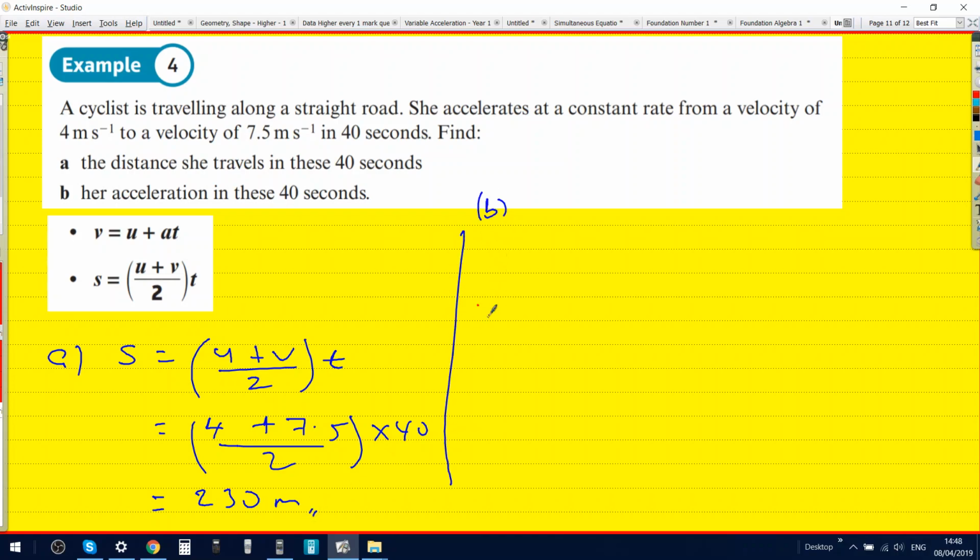And B, acceleration. So v equals u plus at. 7.5 equals 4 plus 40a. So then we make a the subject.